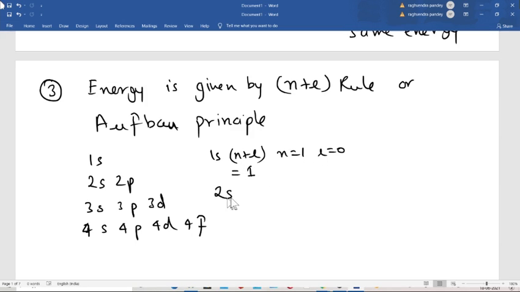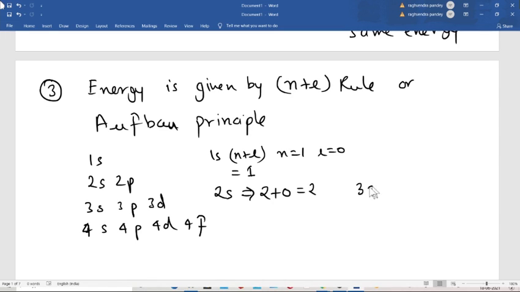Similarly for 2s: the value of n is 2, plus 0 for the L value, since L is 0 for s. So 2 plus 0 is equal to 2.